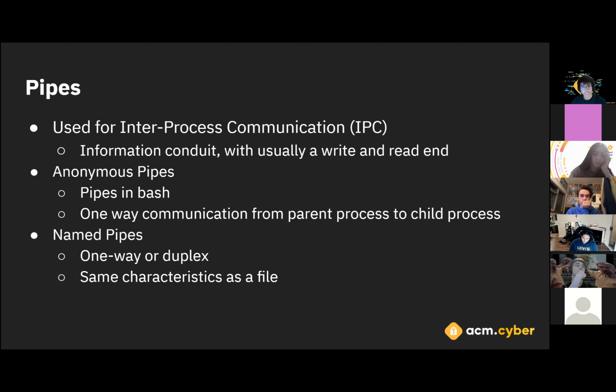But there are also other examples of pipes, for example named pipes, which are sometimes duplex, or one way, depending on which one you choose. You basically just write to them like you write to a file, and then the process on the other end of the pipeline would be able to read it.